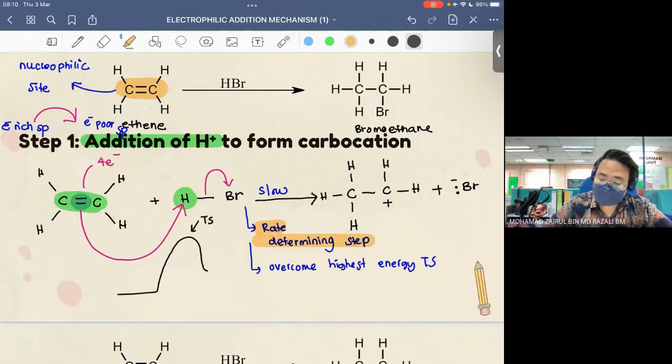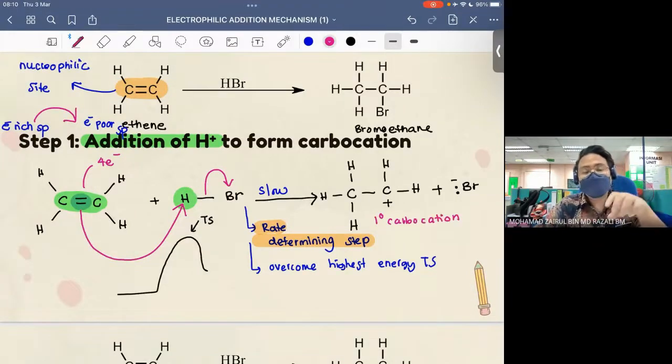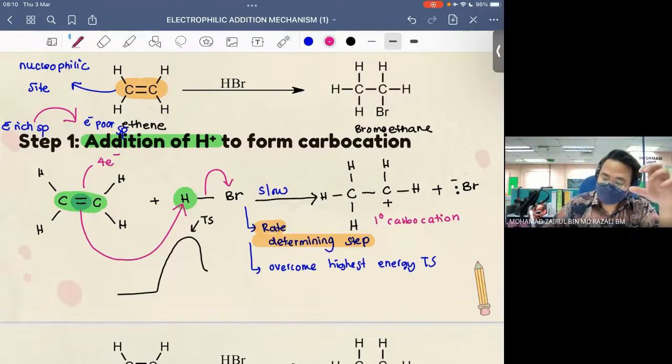Okay, so kalau awak tengok sini, the carbocation that we produce is a primary carbocation. So, recall that kalau intermediate awak punya mechanism tu ataupun reaction awak itu, awak akan hasilkan carbocation, please tengok ada tak possibility untuk rearrangement itu berlaku.